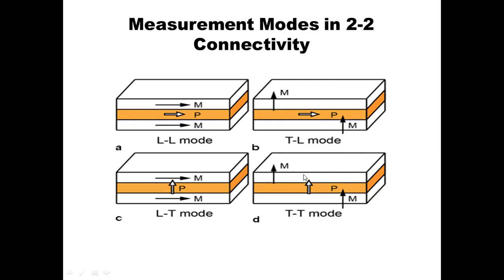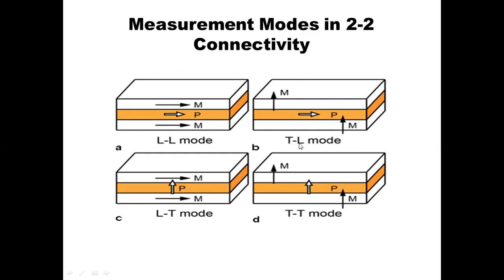So, in this case, the polarization is also in the transverse direction, and the magnetization in the magnetic layer is also in the transverse direction, and hence this is called the transverse mode.